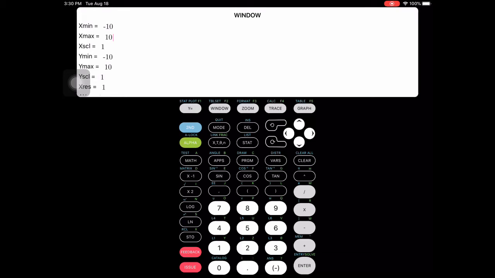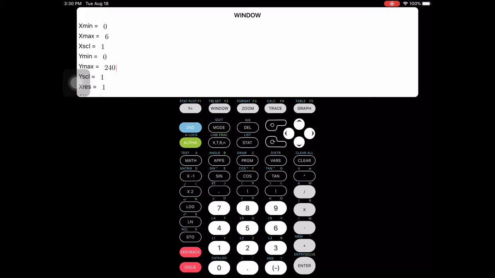For my x minimum, I'm going to write 0, and for my maximum, I'm going to write 6. Cool. For my y minimum, I'm going to put 0, and then for my maximum, I'm going to put 240. Usually you're not going to be working with such big numbers, but for this one, it's kind of the exception.